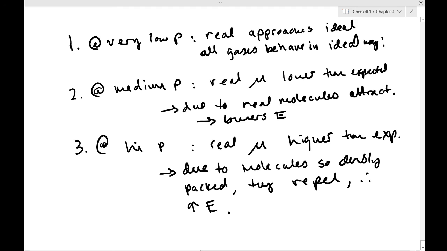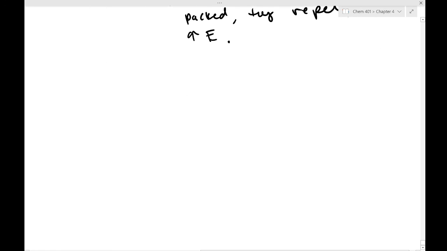They're so close together that they start to repel, therefore increasing the energy, and therefore increasing the chemical potential. So that's how chemical potential changes with pressure. And as we see, there's some discrepancy between the ideal case and the actual case. So we need to begin to treat real gases slightly differently.